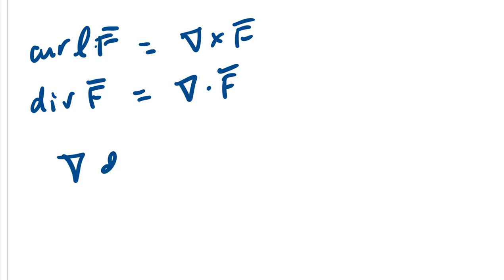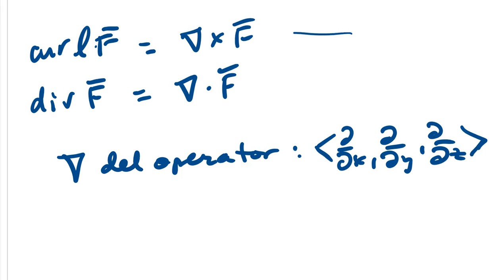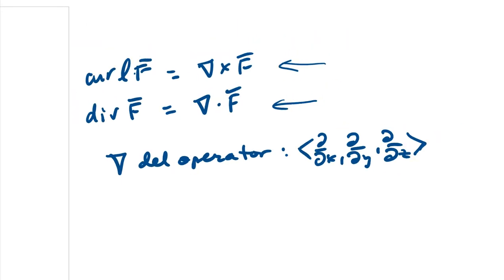An operator is a function that works on functions, not numbers. The del operator is this one here. It's the partial with respect to x, partial with respect to y, partial with respect to z, like this. So when it acts on a vector, as a cross product, it forms another vector, and as a dot product, it gives you an actual scalar.